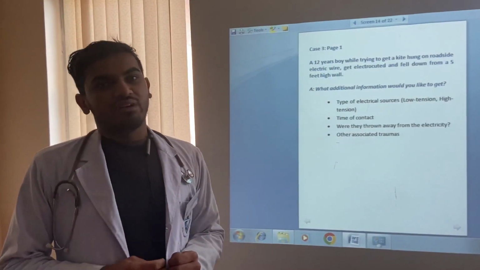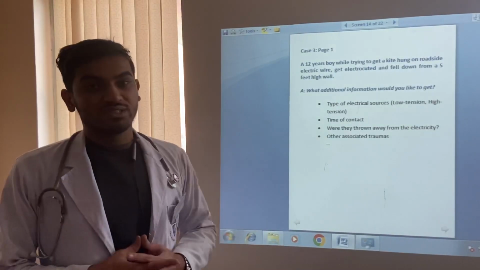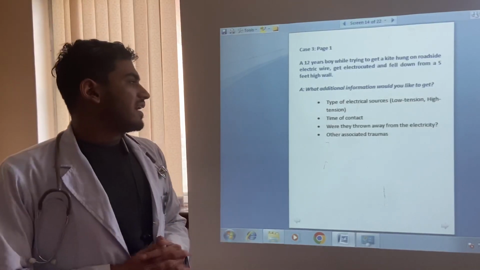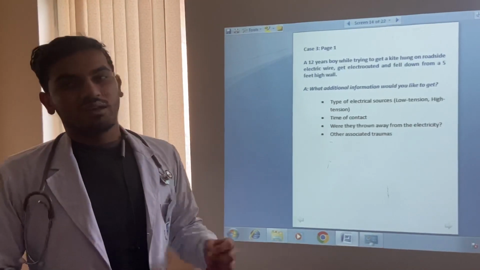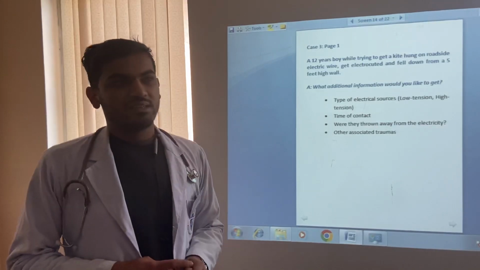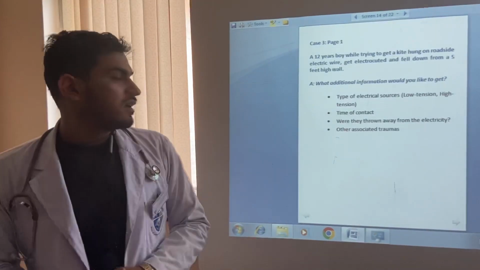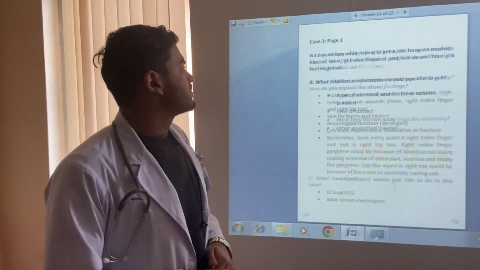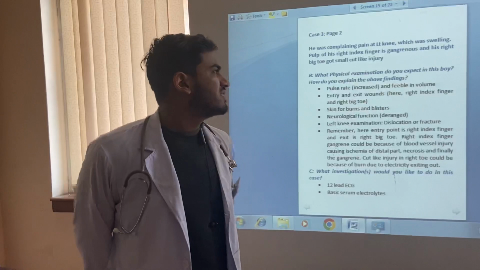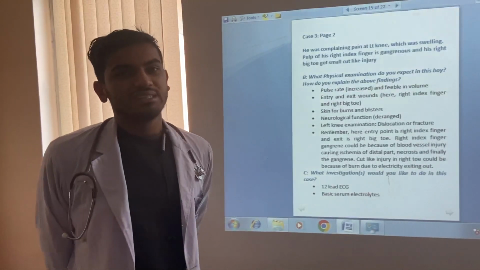If there is a history of any electrical injury, always ask the voltage, what kind of voltage, high energy or low energy tension of the electric source, and the time of contact, how much time there was contact with the electrical source, and whether he was thrown away from the electricity, as the electricity pushed him away, or other people pulled him, and the other associated trauma in this case. So he was complaining of pain at the left knee, which was swelling. Pulse of the right index finger is gangrenous, and his right big toe has a small cut-like injury.